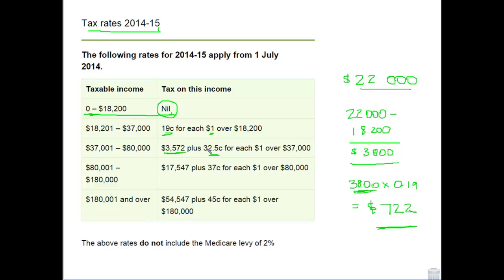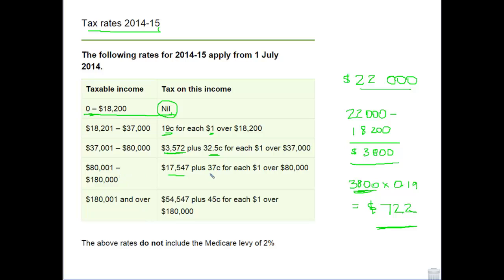So we'd pay 5,000 times 32.5 cents, and that would give you the amount you'd have to pay. If you earned up to $80,000, you'd pay $17,547 in tax.